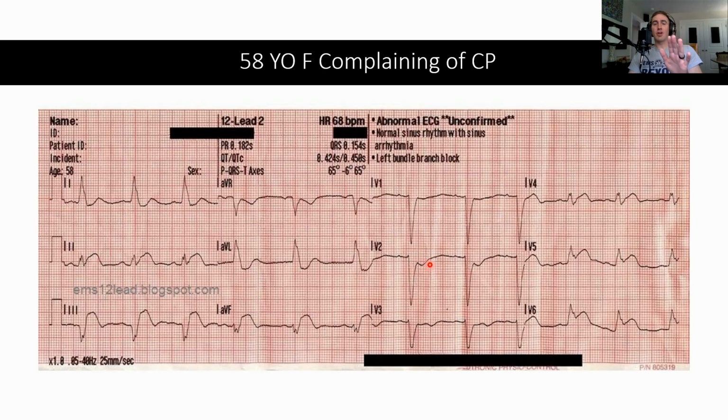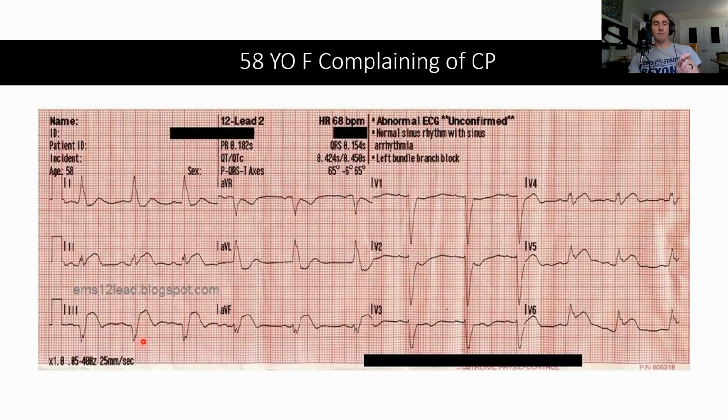You see you have concordant ST depression in the anterior leads, greater than 1 millimeter. You have concordant ST elevation, so the QRS is positive, ST segment's positive. And you not only have almost 5 millimeters of discordant elevation here, okay, but the ST segment is disproportionate to the QRS.